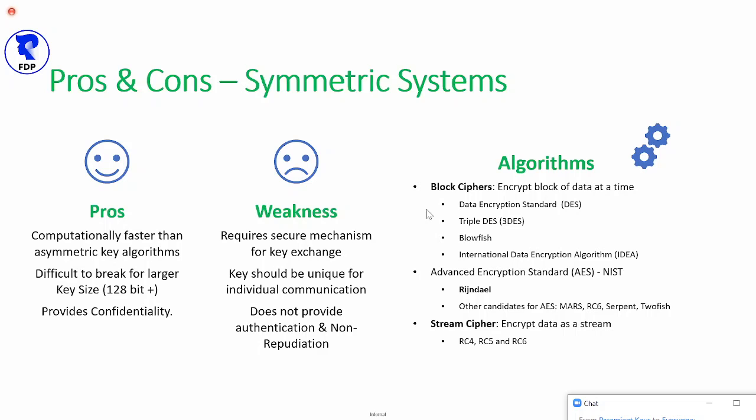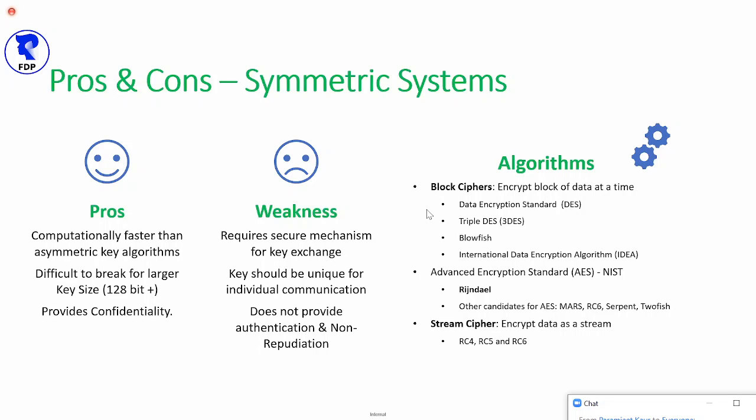I think five were the final candidates, but there were other candidates which applied for it. But the Rijndael algorithm was finally chosen, and that is used as the AES standard, the Advanced Encryption Standard.